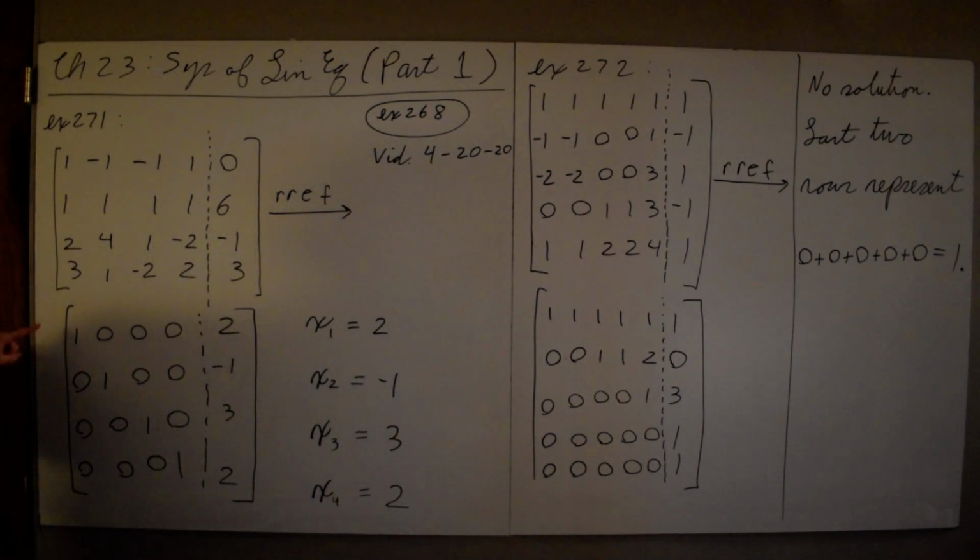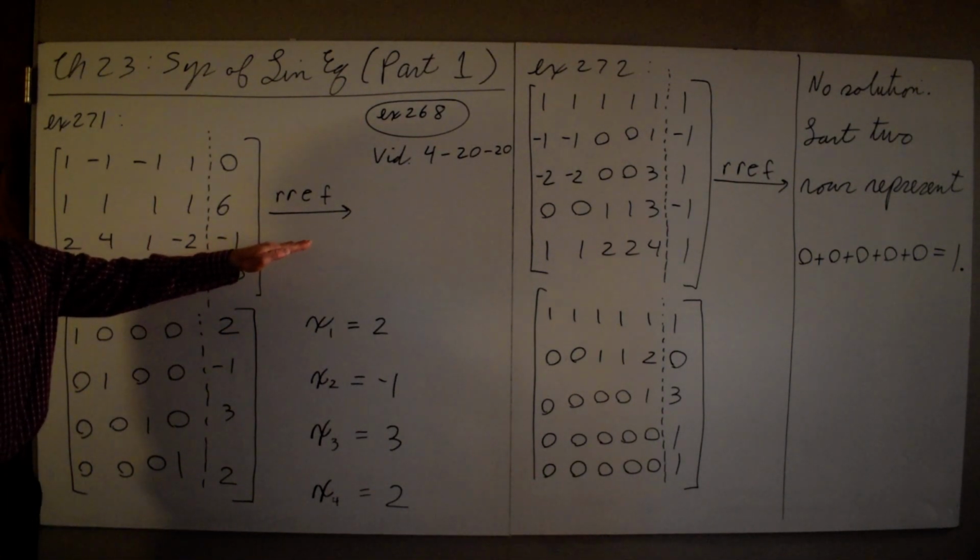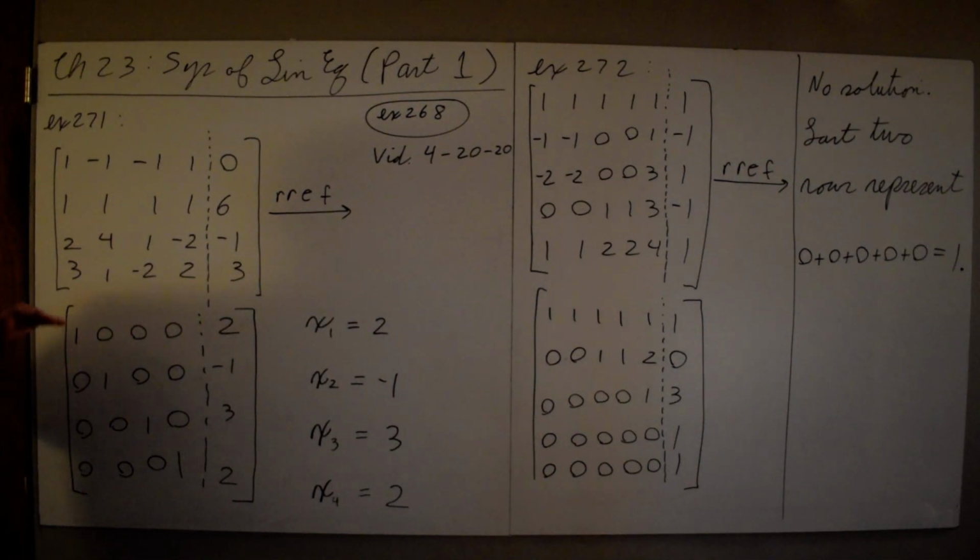That produces this matrix. Now remember, row operations do not change the solutions. And so the system that's represented by this matrix and the system represented by this matrix are equivalent systems. And the system represented by this matrix is nice to read.